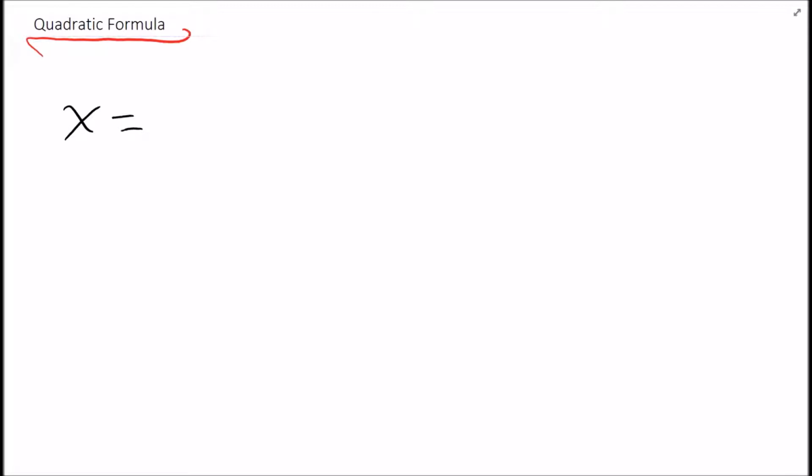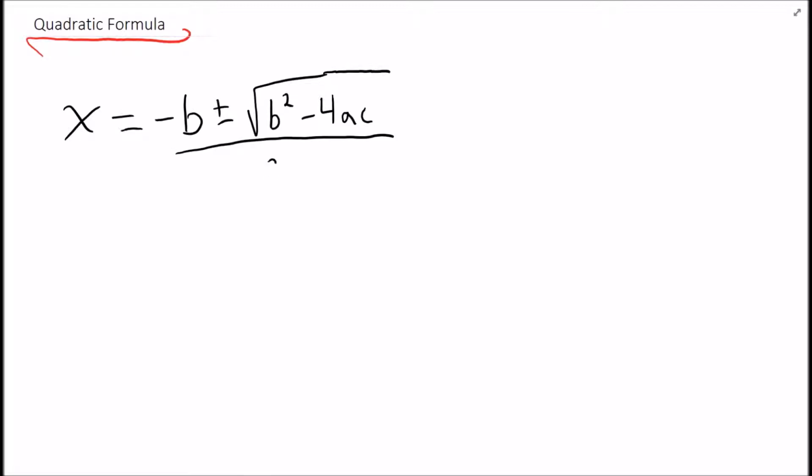So the quadratic formula looks like this. X is equal to negative b plus or minus the square root of b squared minus 4ac, all divided by 2a, where our a, b, and c come from the quadratic.